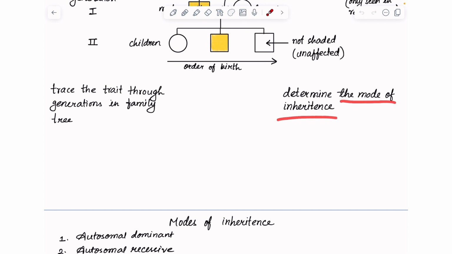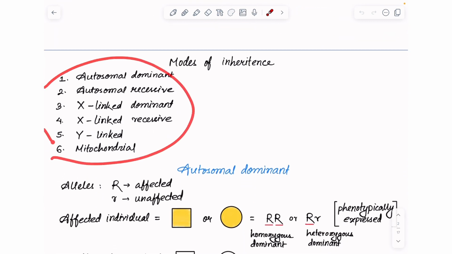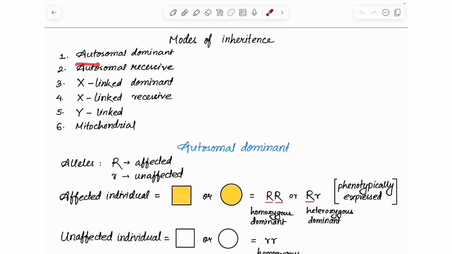So let's look at the various modes of inheritance. There are altogether 6 modes of inheritance that you need to know. Autosomal dominant, autosomal recessive, X-linked dominant, X-linked recessive, Y-linked and mitochondrial. Out of these 6, the last two, Y-linked and mitochondrial, are really easy to identify.